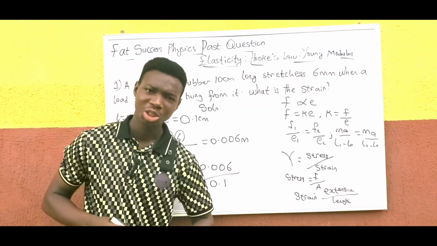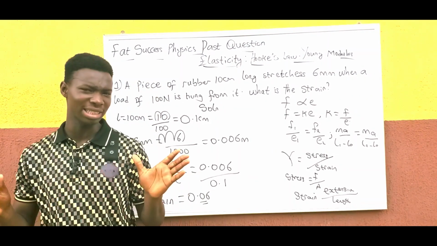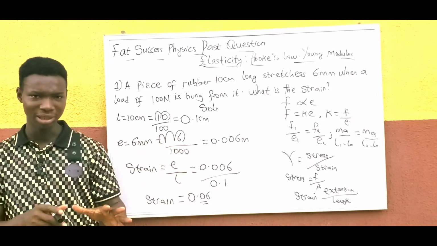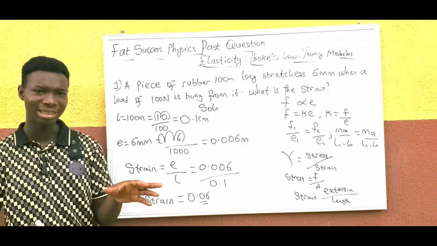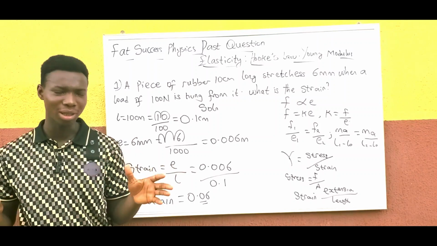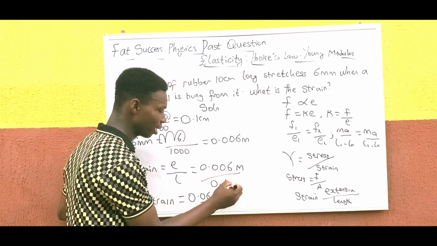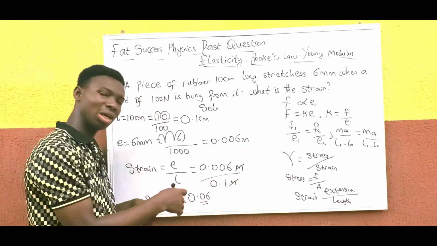Don't forget that strain does not have a specific SI unit. Let us check. The SI unit for extension is meter. The SI unit for length is meter. When meter cancels out meter, there is no SI unit.